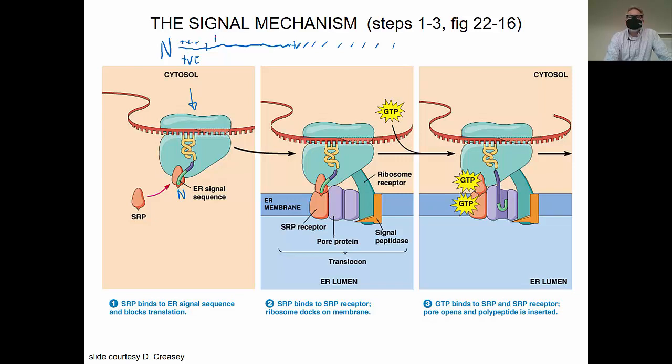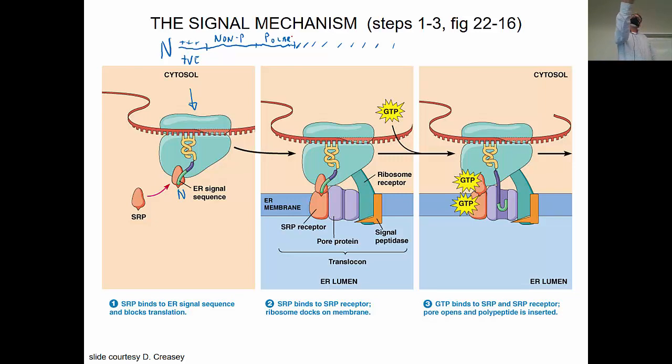And then there's a little stretch of non-polar residues, and then a stretch of polar. So there isn't a consensus sequence, meaning a specific sequence of amino acids that's recognized, but there's modifications based on this. And that's not hugely important for memorization purposes.